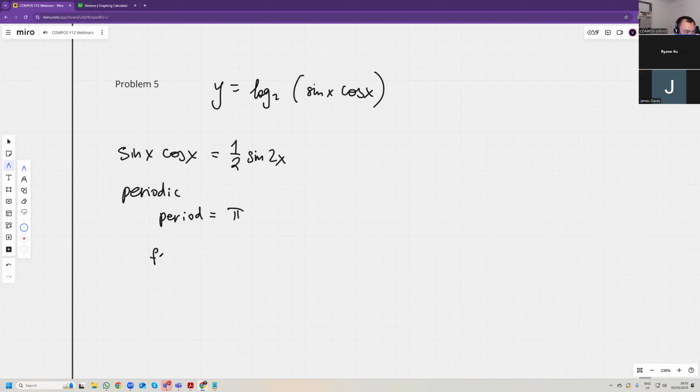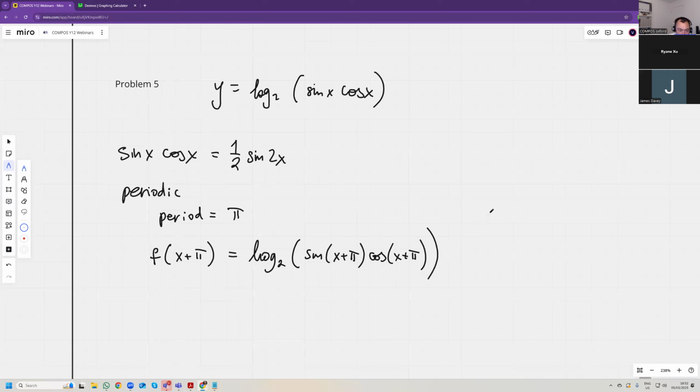So f of x plus pi is going to be log 2 of 1/2 sine x plus pi and cos x plus pi. We know that sine x plus pi is minus sine x, and cos x plus pi is minus cos x.